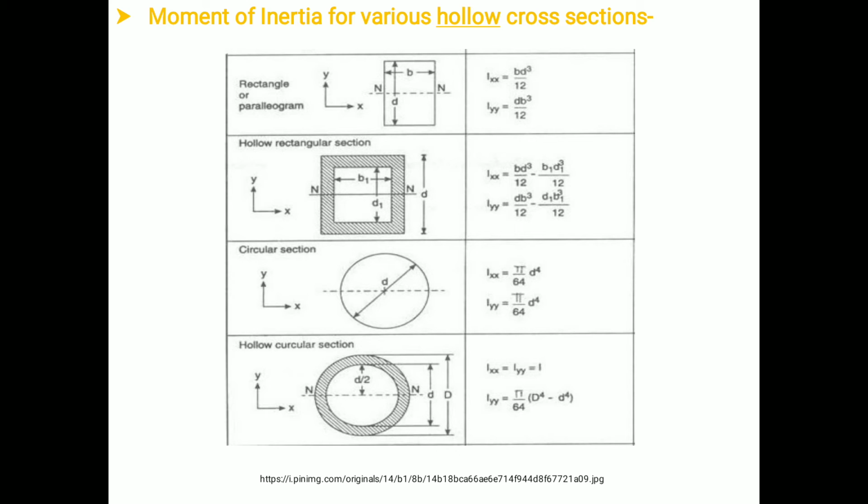Therefore, both values are given by pi by 64 into capital D raised to 4 minus small d raised to 4, because the external diameter is capital D, whereas the internal one is small d. So in this way, we have discussed the moment of inertia for various solid cross sections and for various hollow sections also. We have to use this moment of inertia to solve numericals based on the concept of simple bending or pure bending.